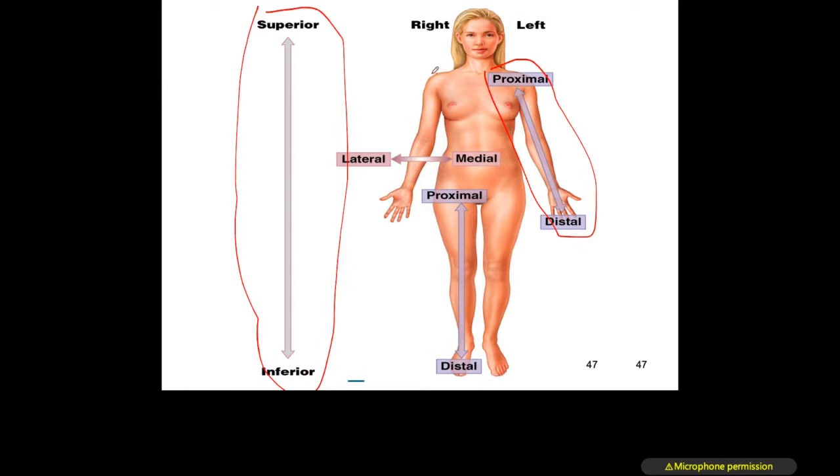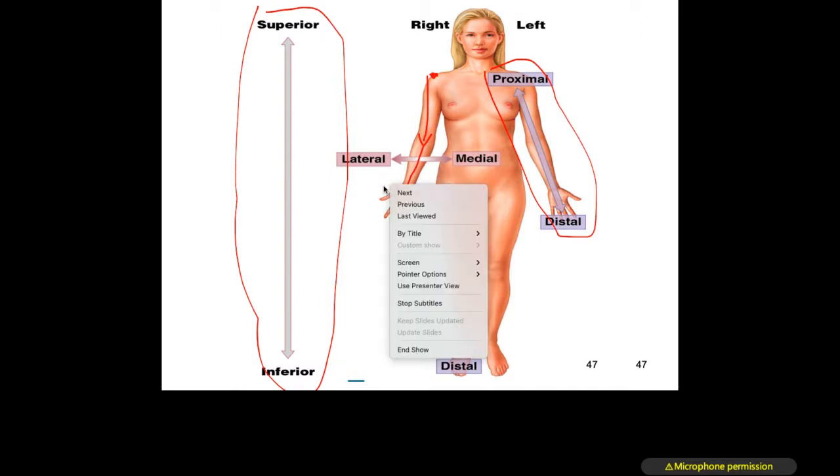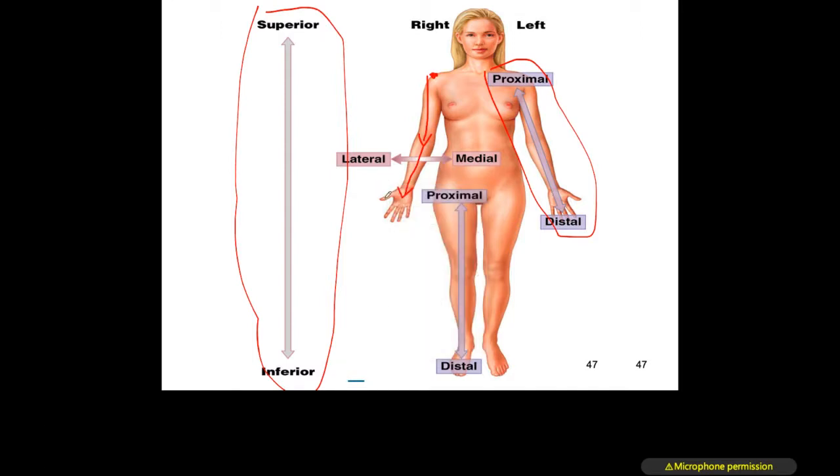So if I'm starting here at the acromion and I'm moving down to the elbow, I'm moving distal. If I go from the elbow and I move to the carpals, I'm moving distal. But if I'm starting at the carpals and I move up to the acromion process, I move proximally. Okay? If I start at the feet and I move up to the head, I move superiorly, because that's in relationship to the whole body.